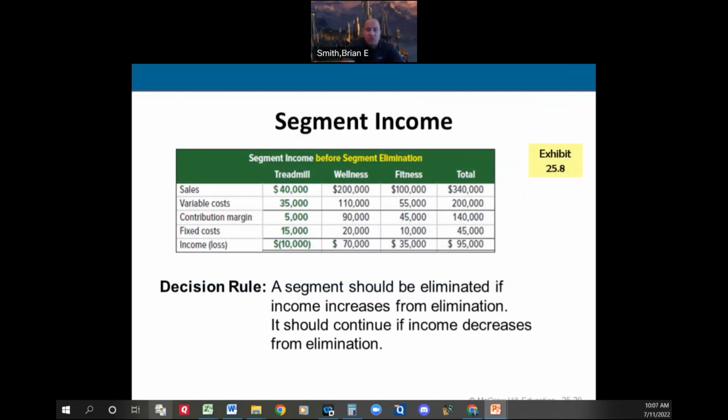By eliminating treadmill, you're going to have to allocate those fixed costs to the other units. And so you're going to see an overall drop in the total by $5,000, because that was the actual contribution margin that treadmill was giving towards the fixed costs. Even though they experience a loss in this segment, they're going to need to stick with it because it is contributing to the overall fixed costs.